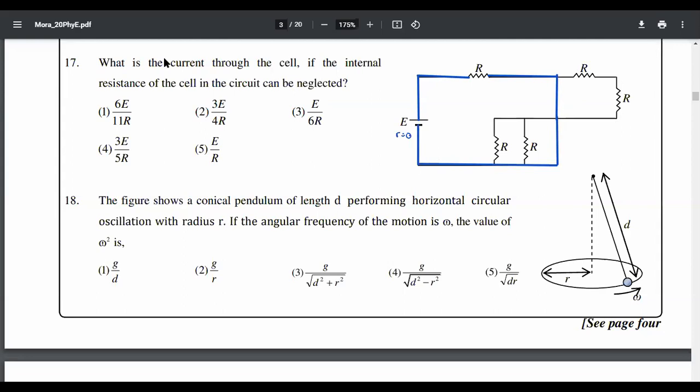If there is a path where current can go without flowing through the resistors, current will always prefer that path, because the path I have indicated is a zero resistance path. Therefore, current will avoid this, and these resistors are short circuited.